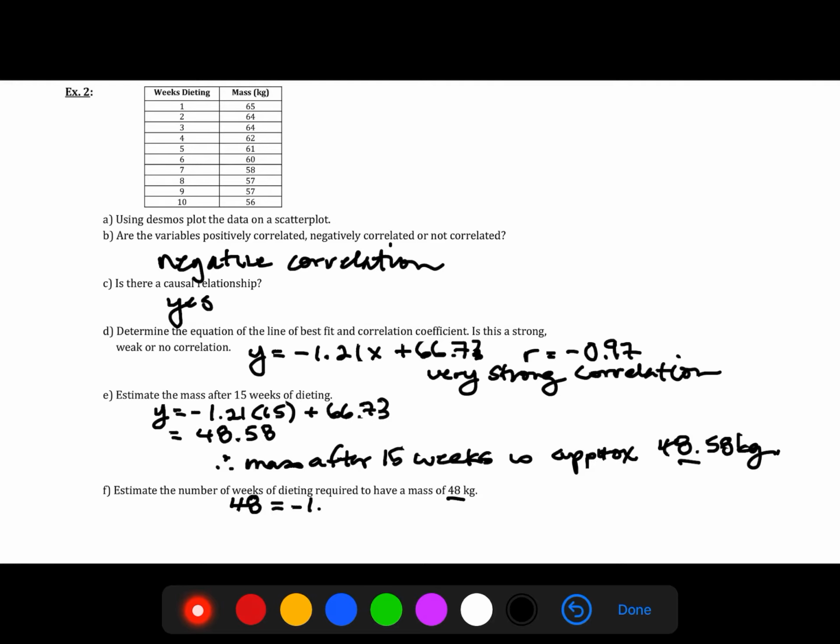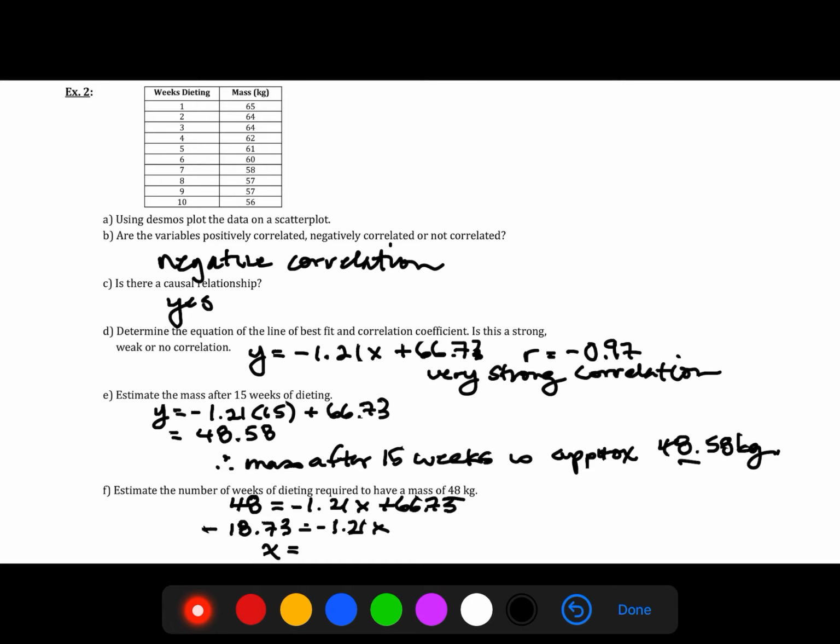Now, estimating the number of weeks dieting required to have a mass of 48, we notice that that's pretty close. So we're going to be able to check our answer once we sub this in here. 48 is our answer for y. So we're going to have 48 equals -1.21x plus 66.73.